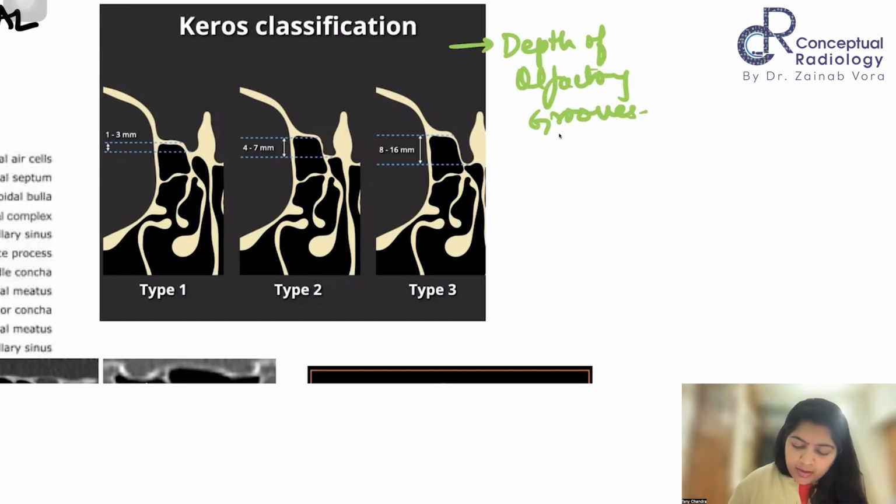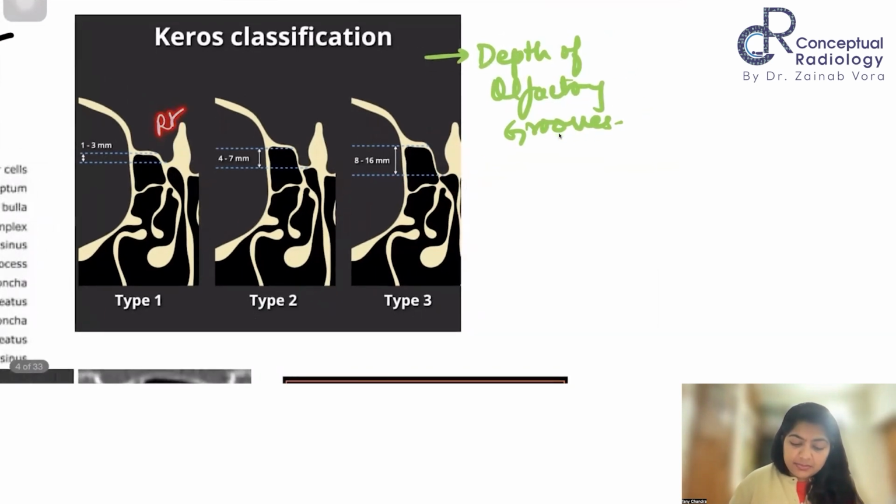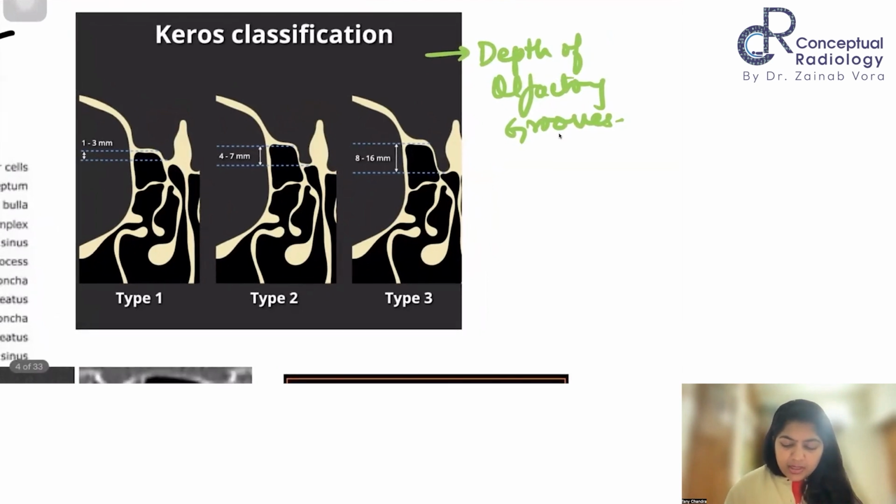Surgically. But if this is very shallow or very deep, they have to know that when it is too deep, they're going to encounter it first. If it is asymmetric, suppose on the right side it is something and on the left side it is something, then also they need to know. So that's why Keros type classifications have been put in place.